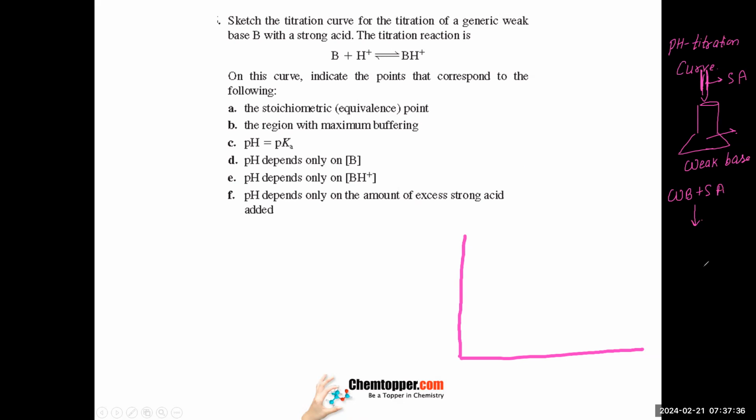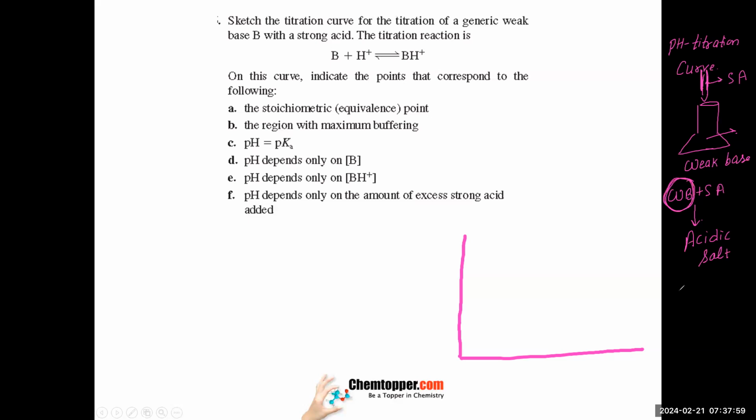What type of salt? Weak base with strong acid. No, Azuni, no. Acidic salt. Acidic salt. Because it is the weak base whose conjugate is going to dominate.